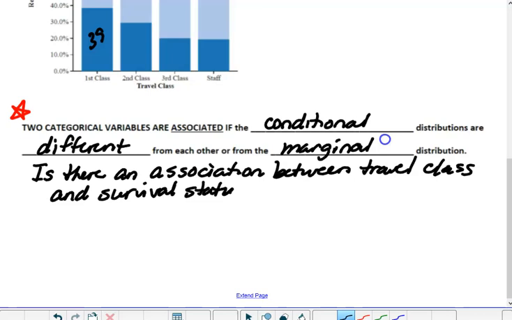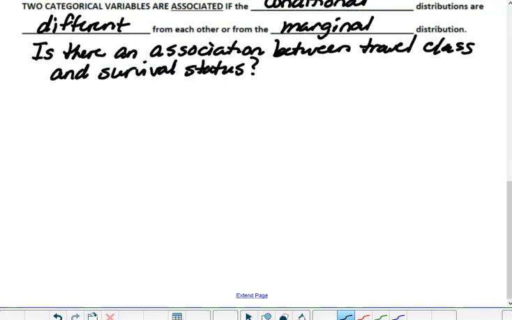And clearly the answer is yes, but that is not a sufficient answer for an AP Stat student. You need to say yes, and you need to support your answer and give some specific statistical information from a graph or a table to do that supporting.